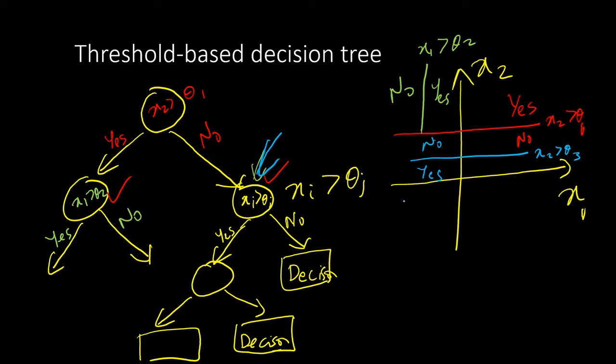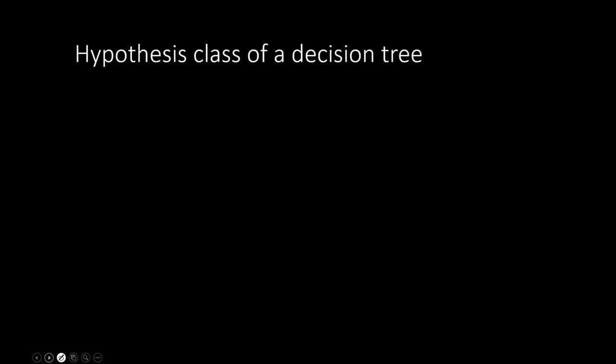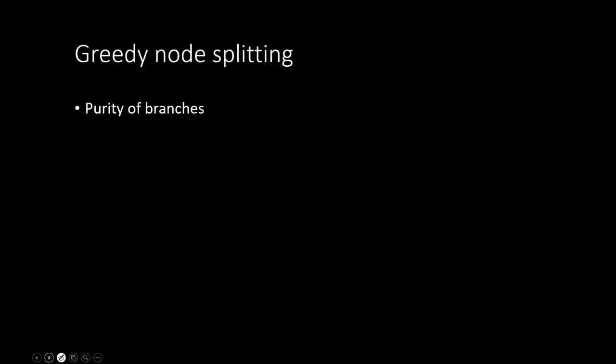You will get all these boundaries which are axis aligned, not slanting, and they split the space into two half spaces, top, bottom, or left, right, or in 3 dimensions it will be more complicated. And those will be yes and no, and within the yes and no there will be multiple yes and no's when you go down into the tree. So that's the hypothesis class of a decision tree.